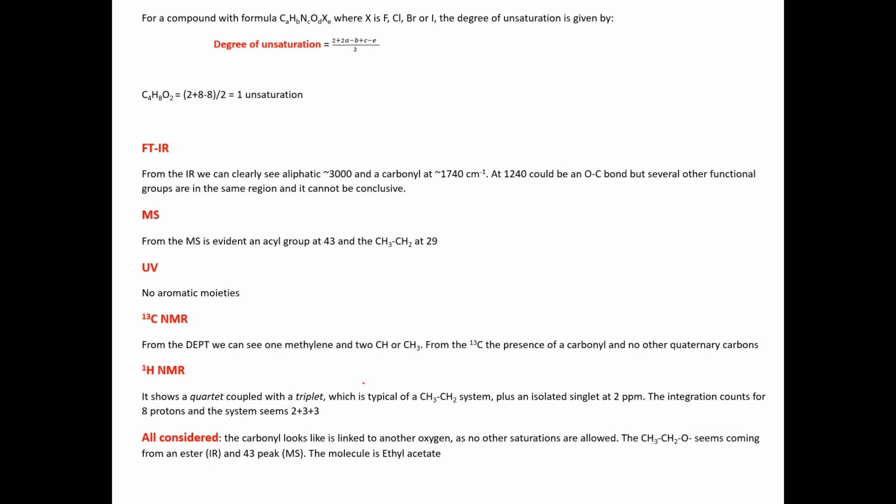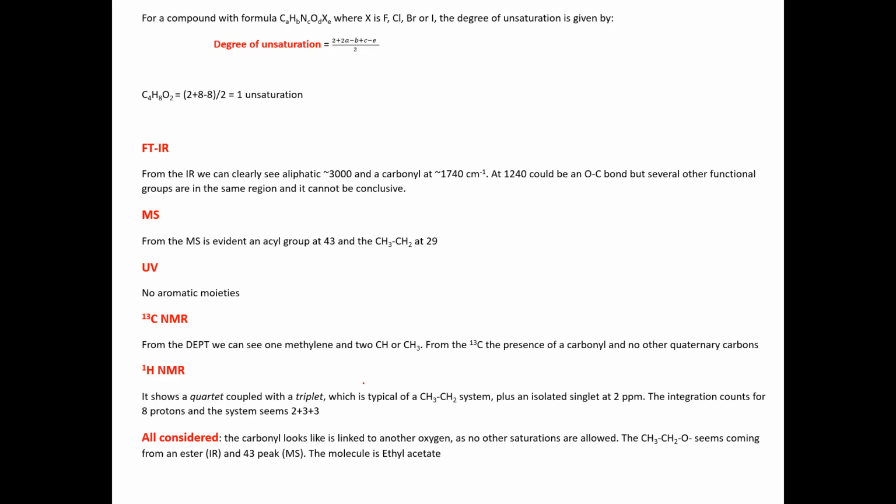When you say all considered, you put all the information that leads you to your prediction. In this case, it was very easy. I have a carbonyl, which I see from 3 different spectra. It looks like it's related to another oxygen because it's an ester. There are no other situations which are allowed.